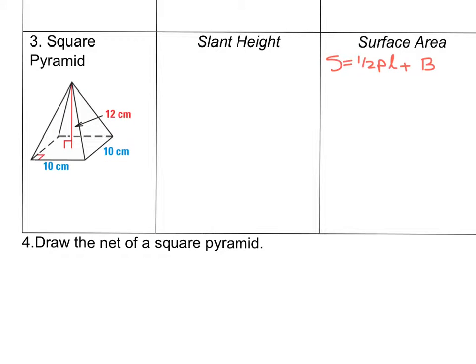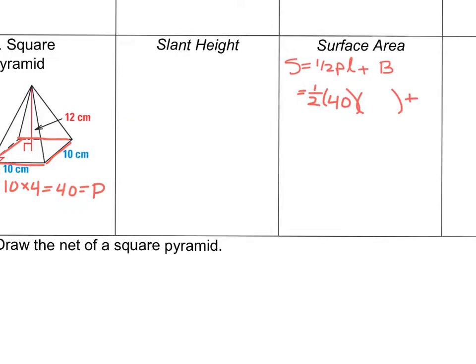Alright, last one. Surface area of a pyramid. We have a formula over here. Let's see what we know already. 1/2. P is the perimeter of the base. We used that from earlier. So that would be 10 times 4 essentially. That's our P value. Slant height again, and then out of room.